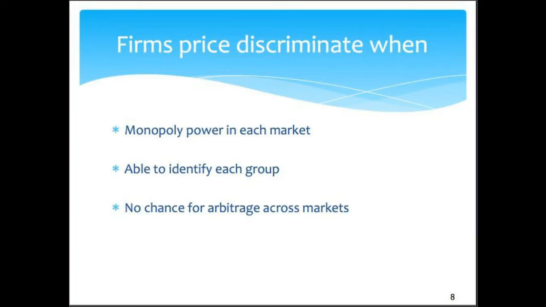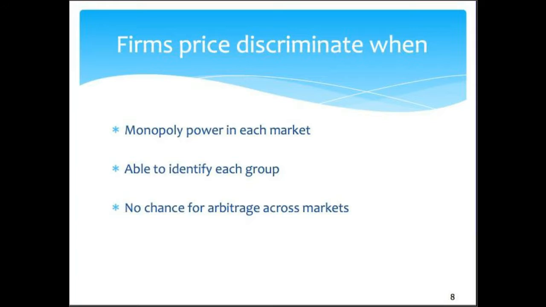And then the third really critical assumption is that there's no chance for arbitrage across markets. Arbitrage means that, let's imagine in the stock market, for instance, IBM stock can't be selling to one group of customers at a price of $100 and another group of customers at $99.